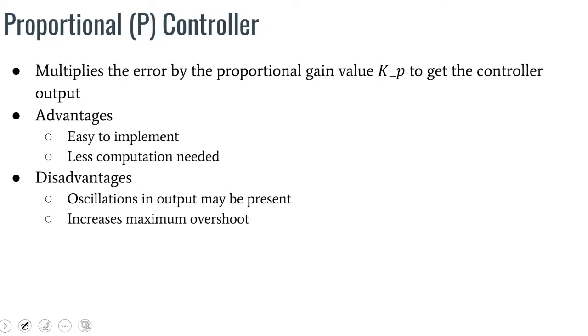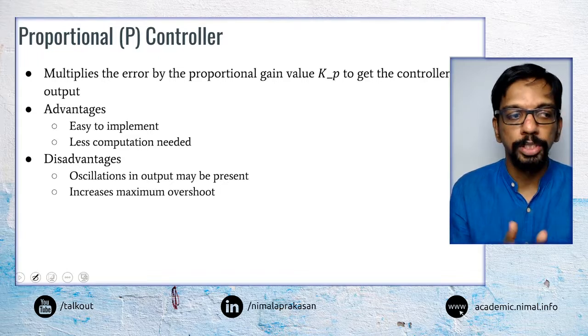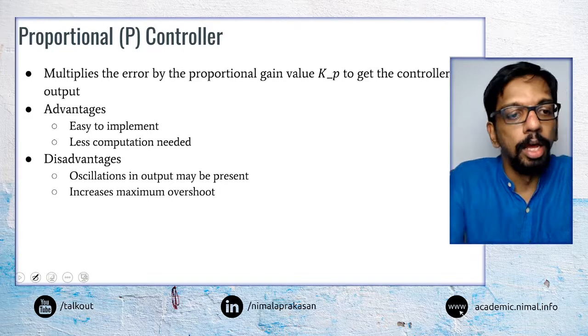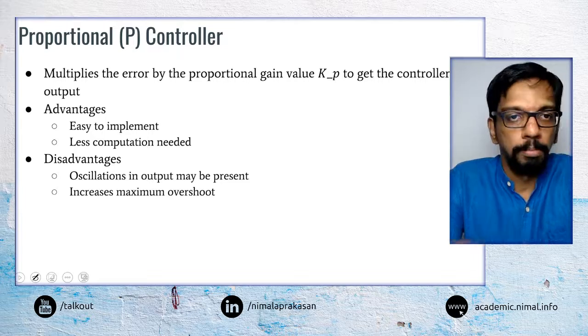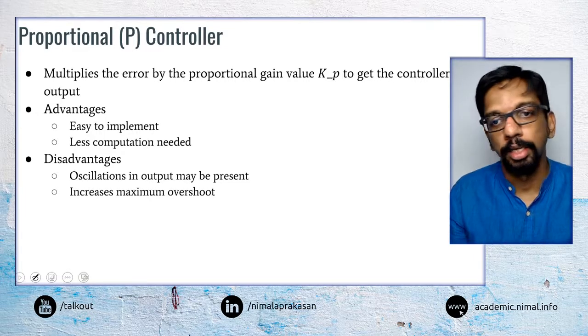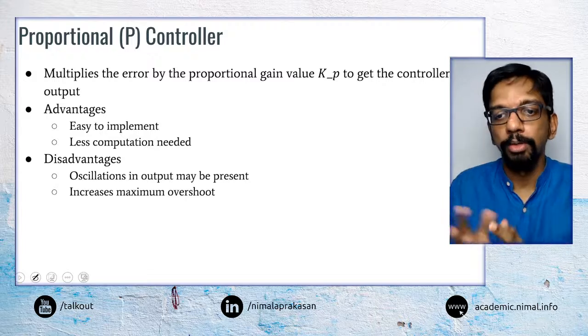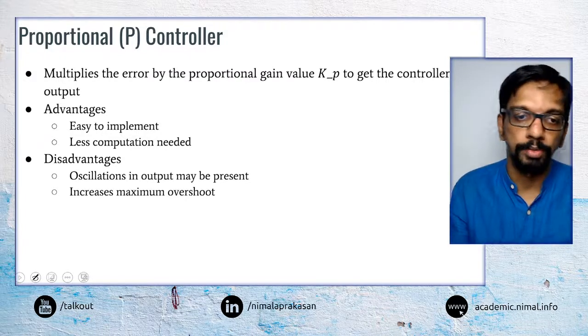When we look at each of these cases separately, particularly proportional controllers, we are multiplying the error value, taking a direct proportion of the error.